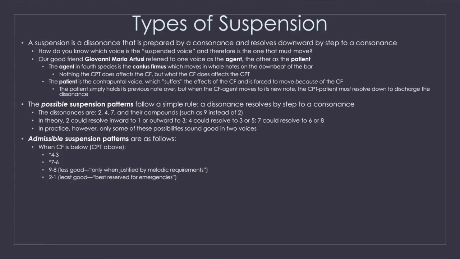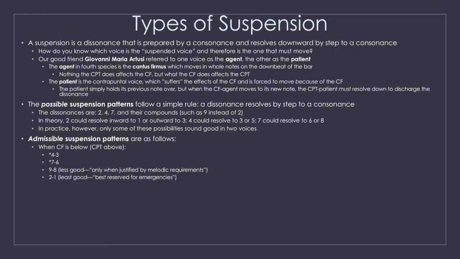2-1 is the same thing as 9-8, but the difference is that it resolves to a unison. And they say this is the least good, best reserved for emergencies. Something that I find interesting is we looked at Guido of Arezzo from 1025. We looked at his counterpoint advice, and the cadences that he recommends are always a 2-1 convergence upon a unison.